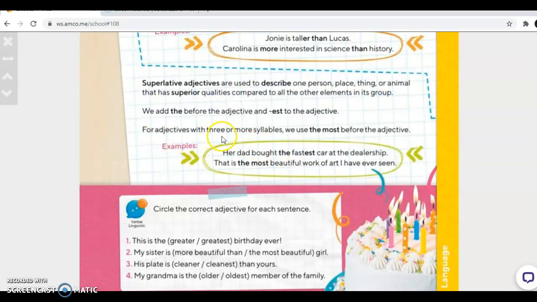For adjectives with three or more syllables, we use the most before the adjective. Examples: Her dad bought the fastest car at the dealership. That is the most beautiful work of art I have ever seen.